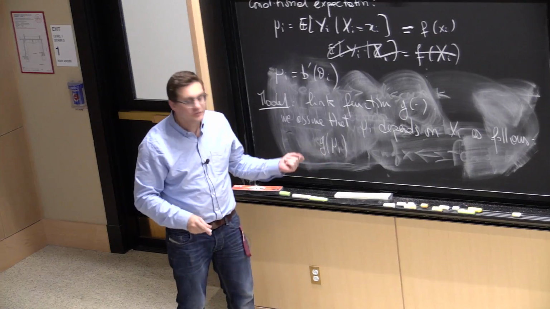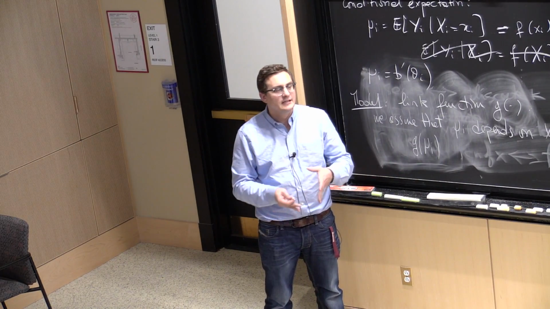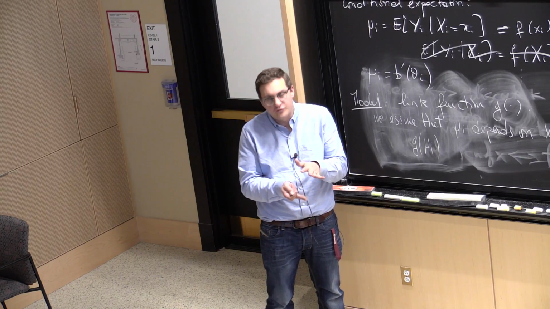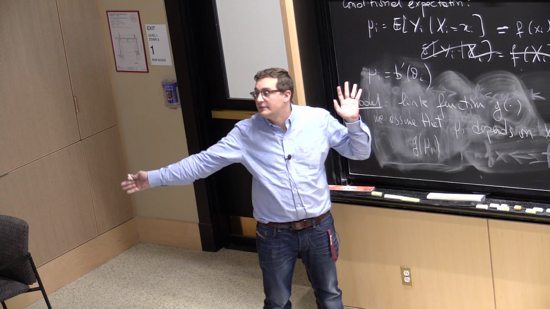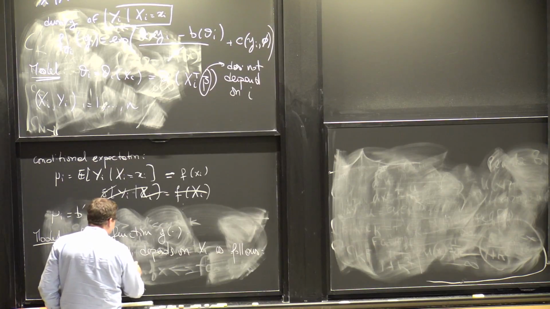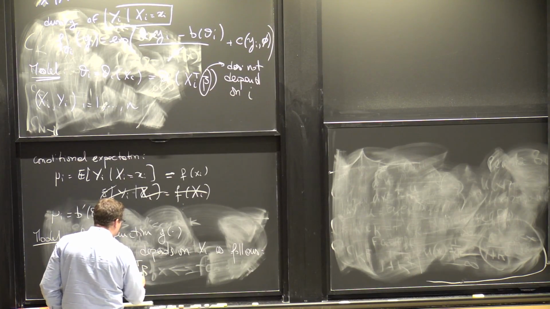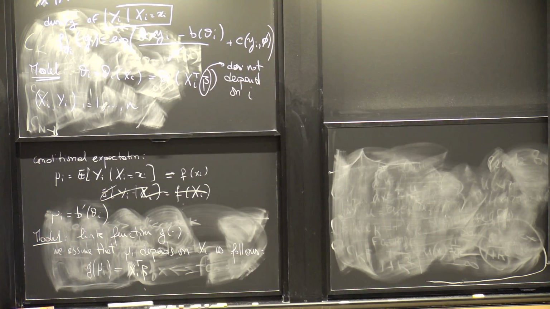And remember, all g does for us is map the space in which mu_i lives, which could be just the interval 0, 1, to the entire real line, all right? And we're going to assume that this thing that lives in the real line is just x_i transpose beta.